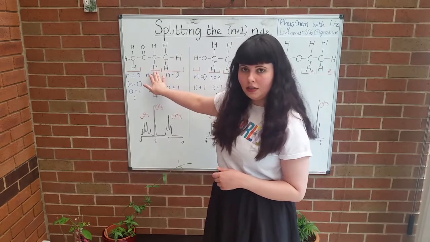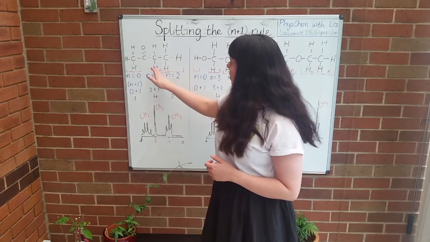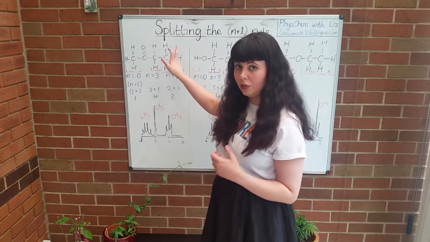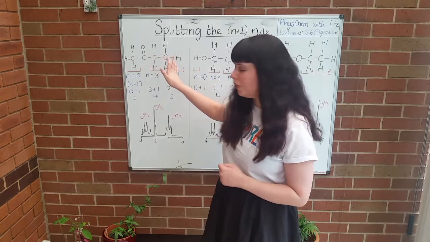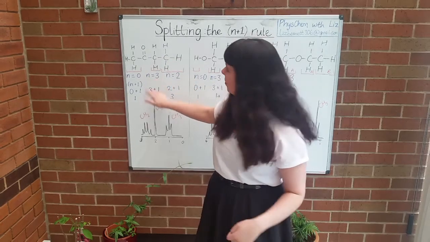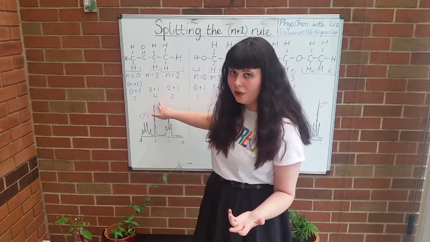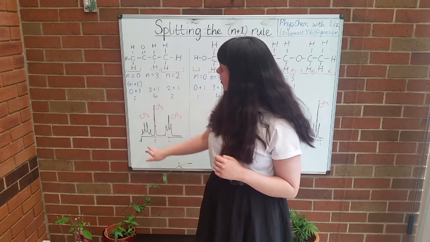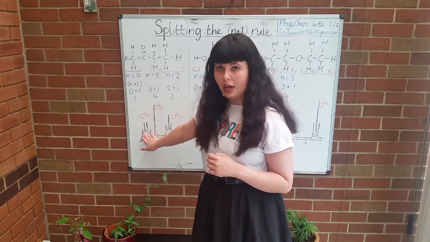Moving over here to the CH2, this is next to 3 protons. So we say it has 3 adjacent protons. So n equals 3. Apply the n+1 rule. 3 plus 1 is 4. So this CH2 is responsible for this quartet.